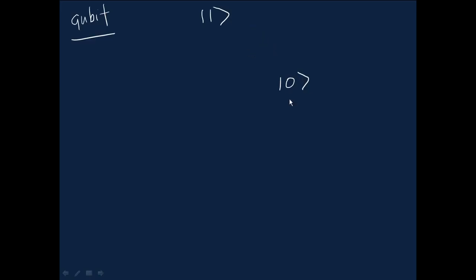This funny bracket notation just indicates that these are quantum states, and it's called the ket notation. Anything you see that has that bracket around it with any kind of label in there is an example of a ket. So the 0 is a label, the 1 is a label, and that's what a ket is.